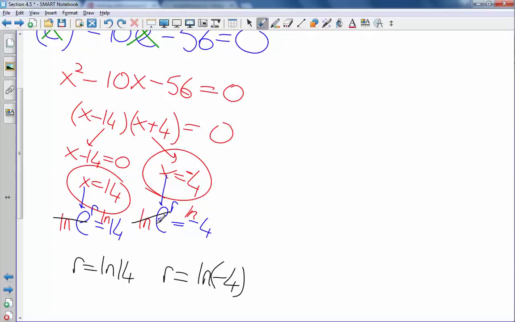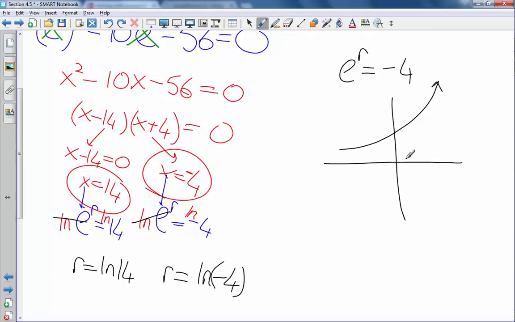Actually, when you go back here, I said e to the r equals a negative number, but exponentials, e to the x, are rising graphs, and they have range at positive values, 0 or more. How come you can expect e to the x or e to the r to be negative? So you could actually stop right here and say no solution, this can't be a solution.